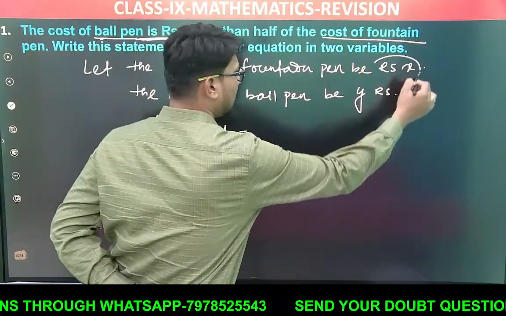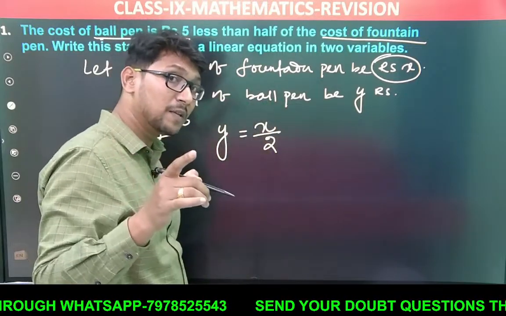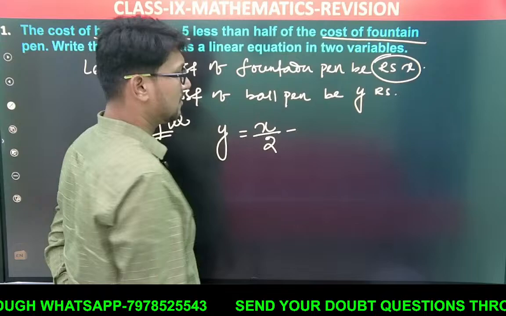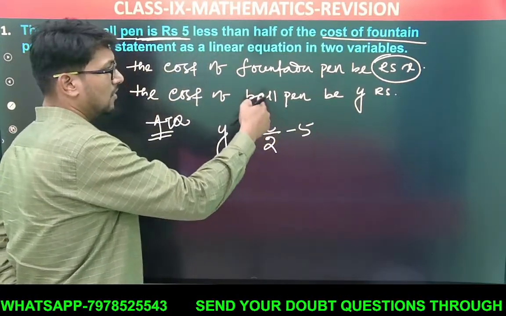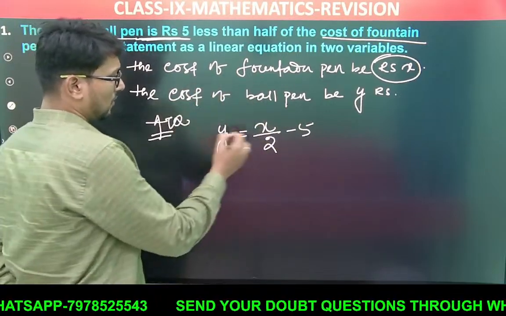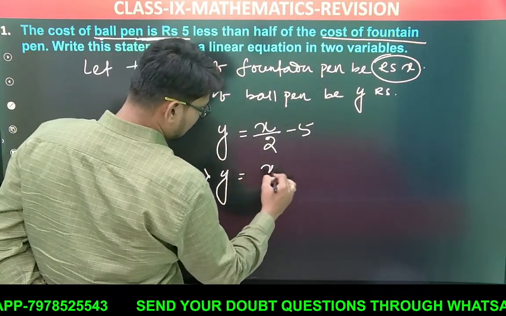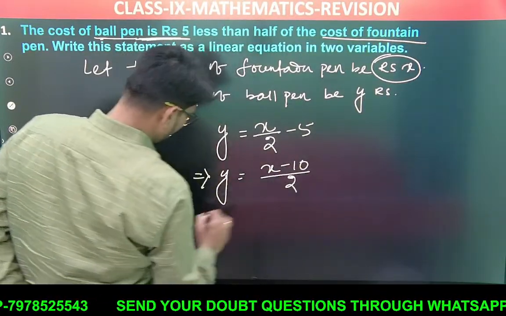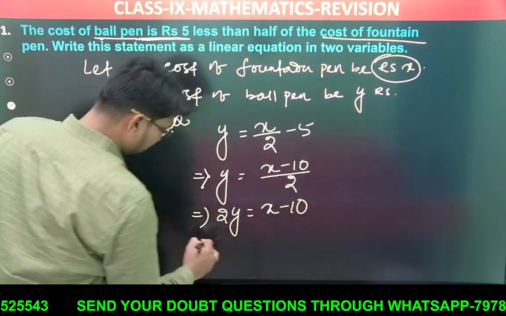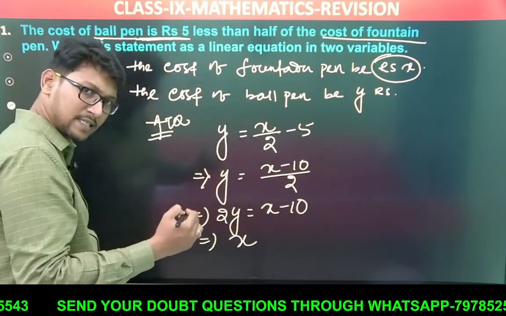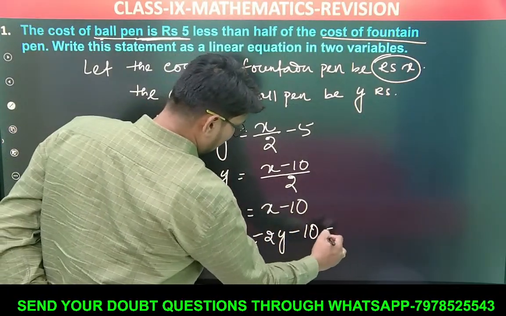What is the cost of the fountain pen? The cost of the fountain pen is X. So half of the cost of the fountain pen is X by 2, minus 5, which is 5 rupees less than half of the cost of the fountain pen. Hence Y equals X minus 10 by 2, which implies 2Y equals X minus 10, which implies X minus 2Y minus 10 equals 0.